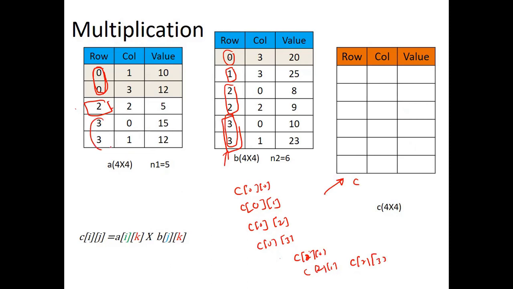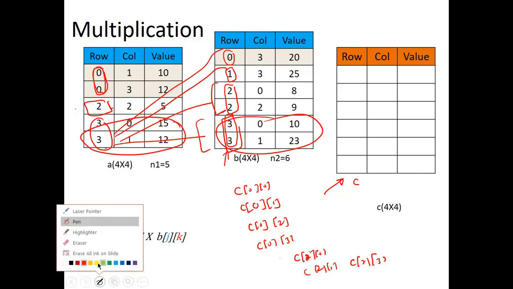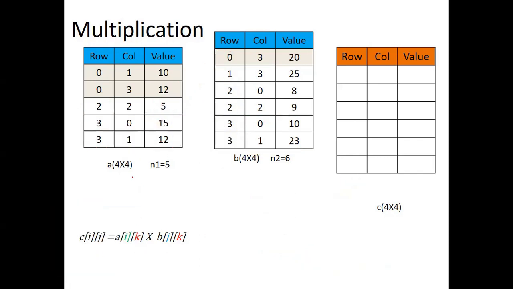Similarly, third row 0 column, third row 1 column, third row 2 column, third row 3 column. Remember this thing, for third row, 3 column, these entries will be a part of the game.